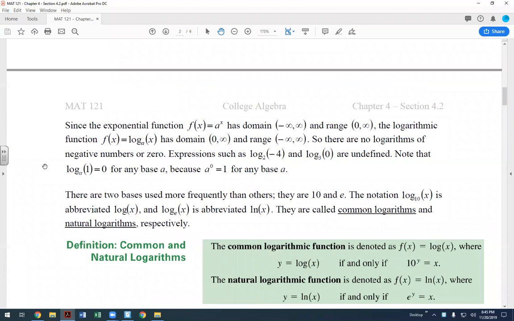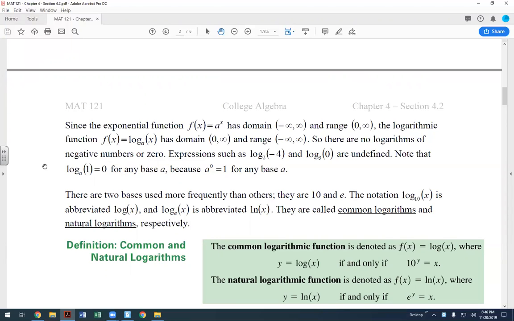So talking in terms of domain and range. Now remember, for an exponential function, we had a domain going from negative to positive infinity. We said all real numbers could be used, but as far as the range went, it only went from 0 to positive infinity, not including 0 because we had that horizontal asymptote on the x-axis.